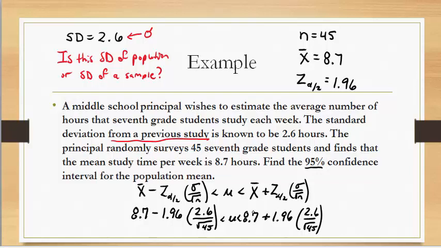Alright, so once that's in, then we are ready to go to our calculator with it. We are going to calculate the left side and the right side separately. So the first thing we're going to do is do this part, the 8.7 minus 1.96, and then with that parenthesis beside it. Now, you don't have to do anything special in terms of putting it in your calculator. You can type it in exactly like we have written on the paper or on the screen.